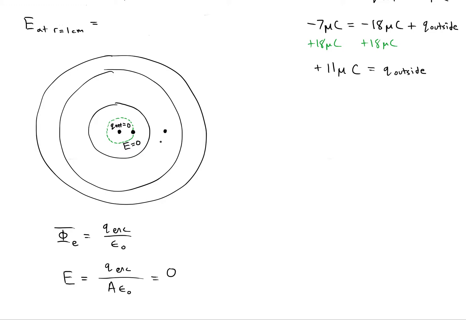But what about this point, which is 0.03 meters from center? Well, we can create a Gaussian sphere. We know that we have plus 18 microcoulombs inside that Gaussian sphere. So we can use that information to calculate the field at that point.